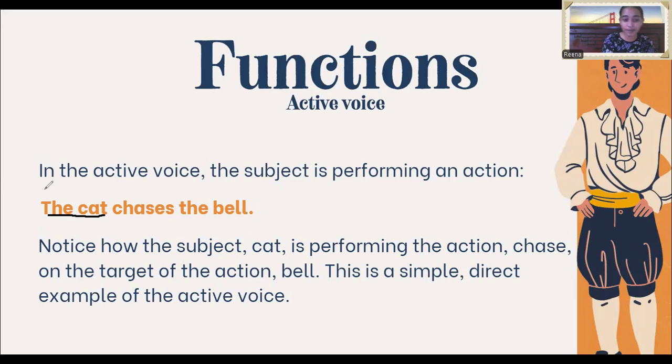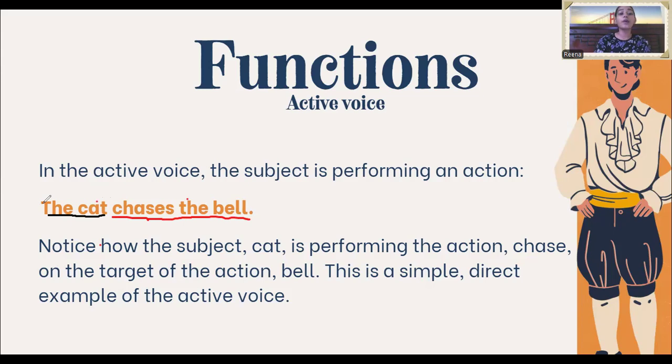And what is the predicate, guys? Yes, the predicate over here is chases the bell, right? So this is the subject, and this is the predicate. So have you understood, guys?